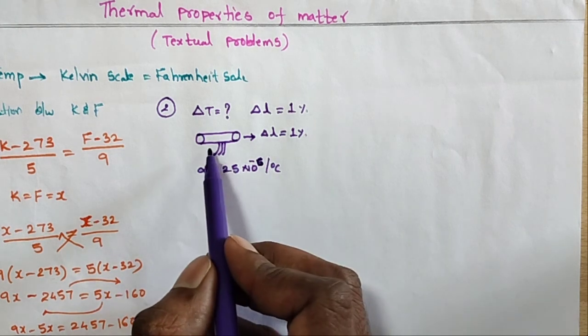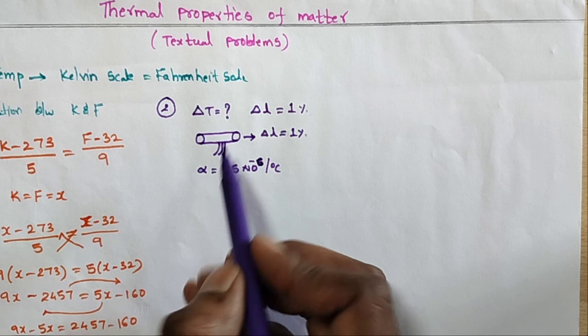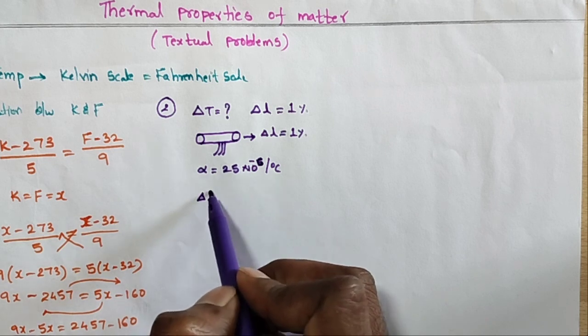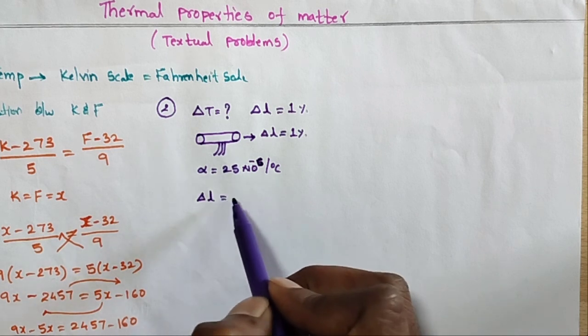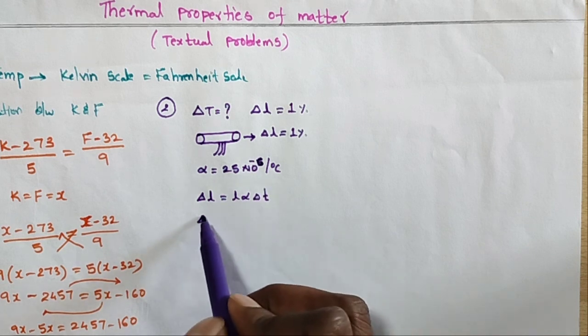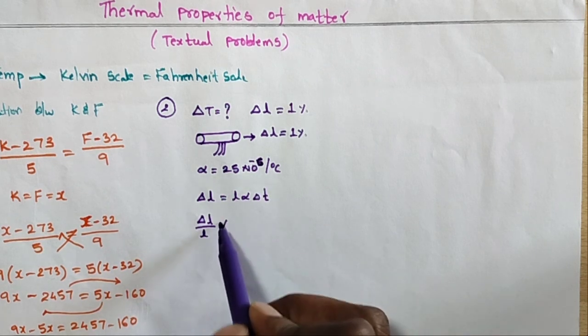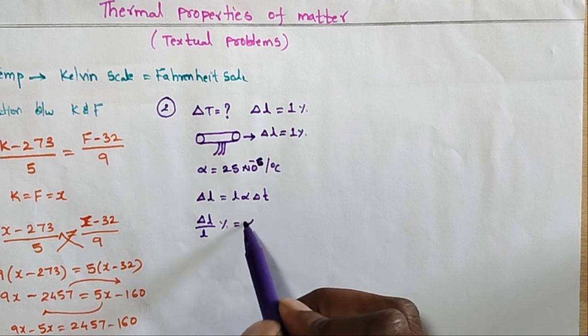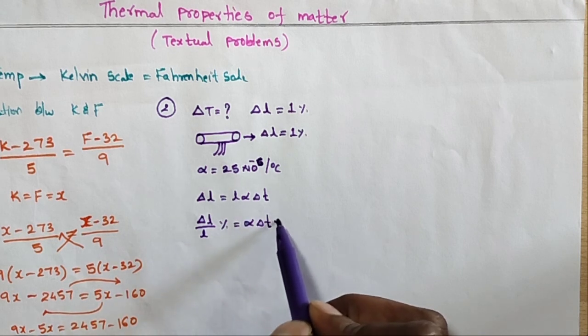This is linear expansion, so delta L is equal to L alpha delta T. In a percentage problem, delta L by L percentage is equal to alpha delta T into 100.